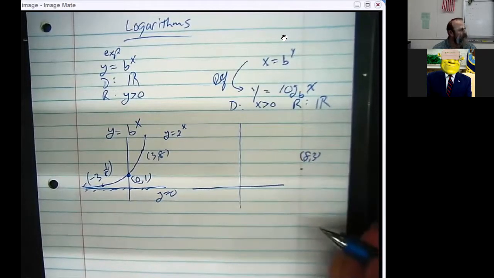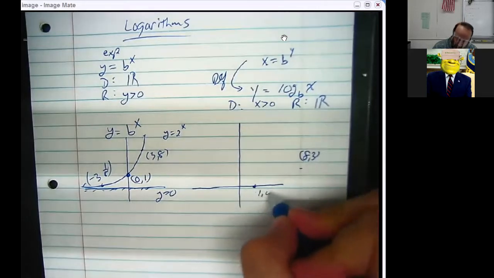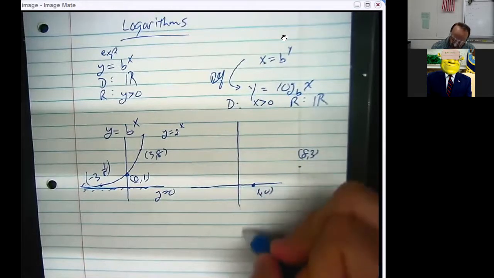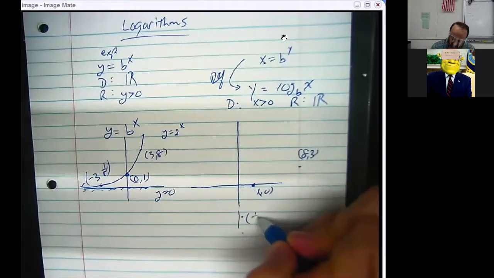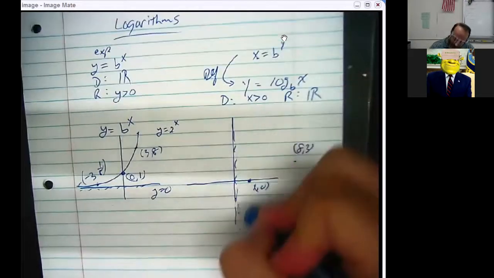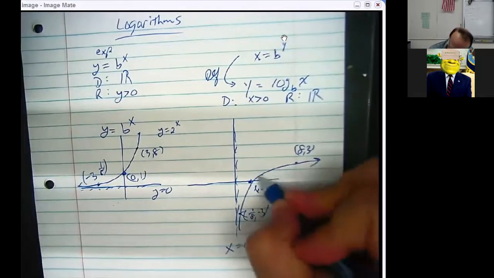What did 0, 1 become? 1, 0. What did -3, 1/8 become? 1/8, -3, down here somewhere, like this. And y equals 0 became x equals 0, and the graph ends up looking like this.